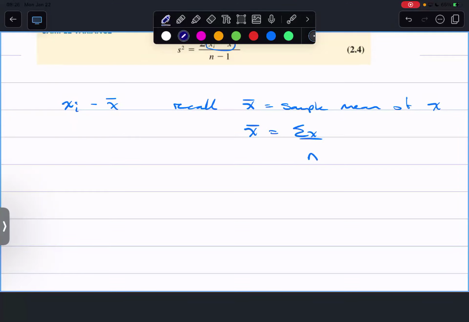Now what this xi minus x bar says is if I have a data set, or a variable called x, then I'm going to have x1, x2, x3, all the way down to xn. So from each of these, I can subtract the mean, right, to find the deviation from the mean. So you find the deviation.